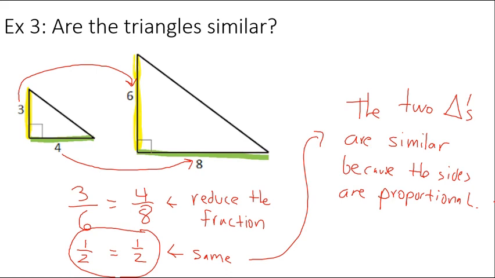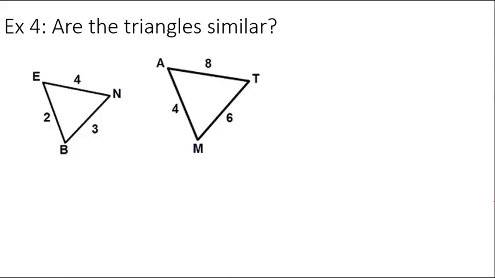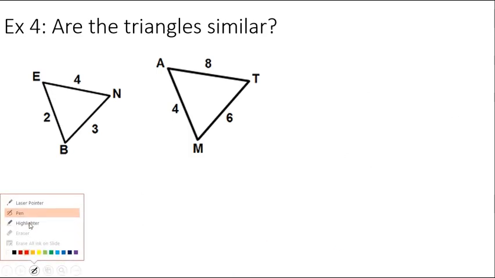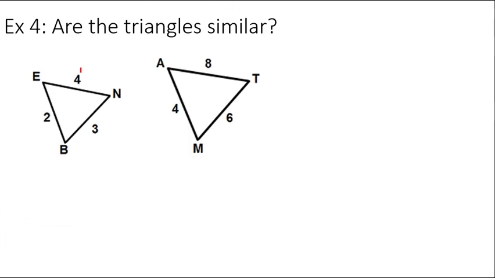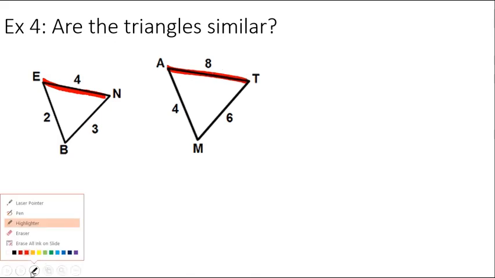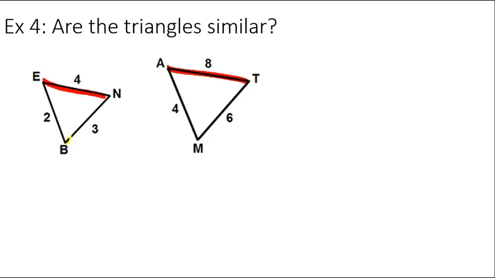Okay, let's try the next one. Example 4. So again, are the triangles similar right here? So what we do first is let's compare the sides that go together. So let's say this one, looks like it goes with this one. Three goes to the 6.